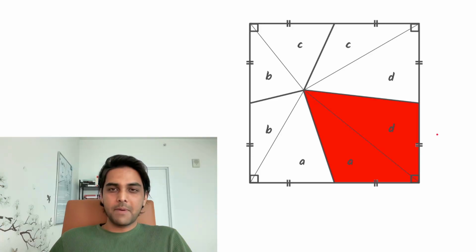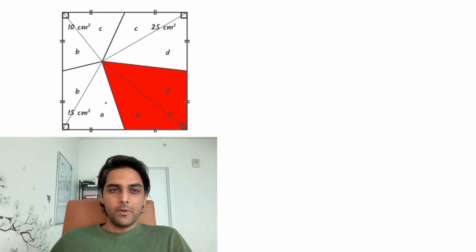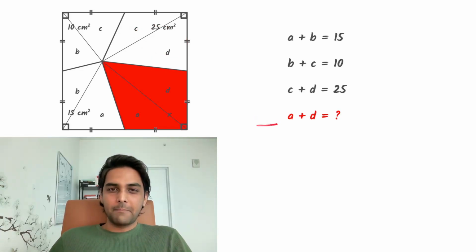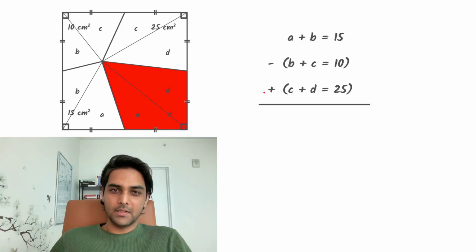Let's put the areas back in and move this square on the side. And now we know that A plus B equals 15 centimeters square. So let's write that. B plus C equals 10 centimeters square, and C plus D equals 25 centimeters square. And we need to find out A plus D based on these three equations. Let's take the first equation and subtract the second equation from that and add the third equation to that.